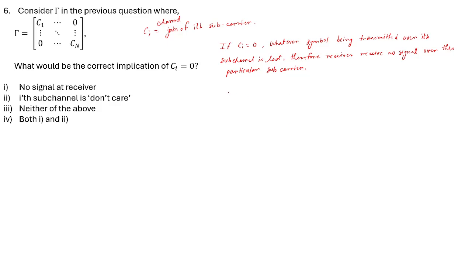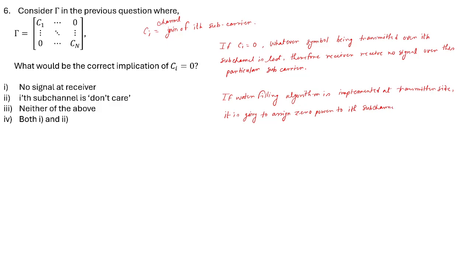So let me write down: if the water filling algorithm is implemented at the transmitter side, it is going to assign 0 power to the ith subchannel as Ci is equal to 0.